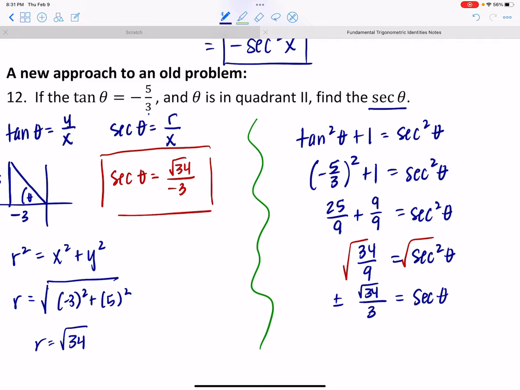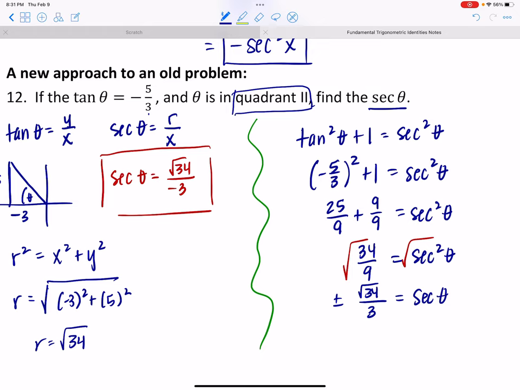So now we're almost in the same place we were with our previous answer, but we just have to remember that technically the solving introduces the positive or negative. We have to figure out which one of those we need, and it's based on the fact that we're in quadrant 2. So if we're in quadrant 2, remember what secant is. Secant is the reciprocal of cosine. In quadrant 2, cosines, x's, are negative. So the reciprocal should also be negative.